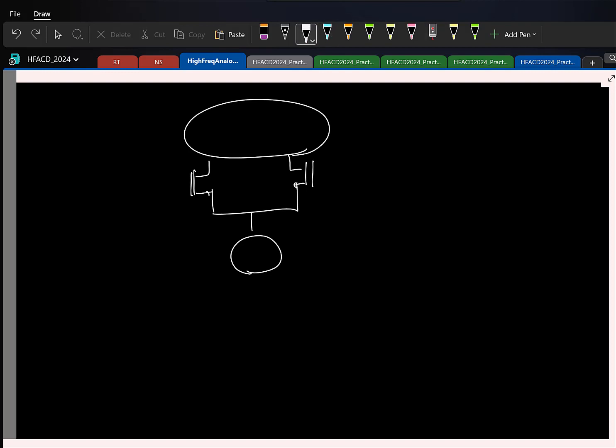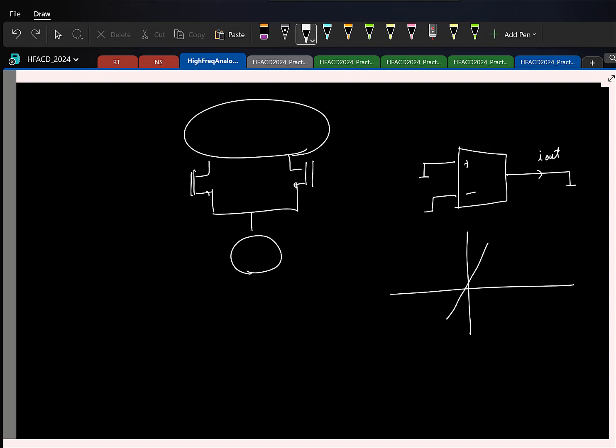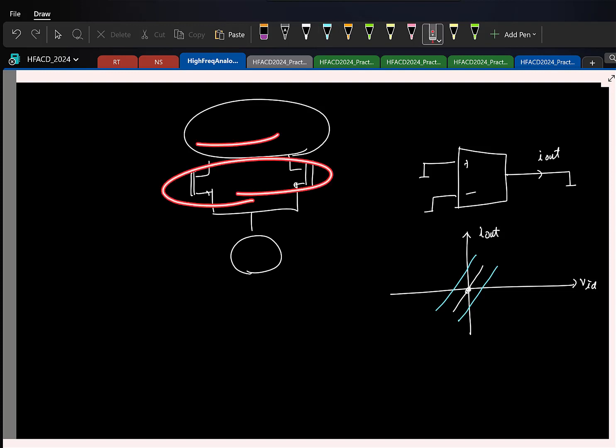If you take your OTA, ideally, if all transistors are matched, and I zero the input and measure the short circuit current, it will be exactly 0 if the input is 0. But because of the mismatches, you will have some offset here and there. The offset will be due to mismatches in every pair of transistors in your differential circuit.